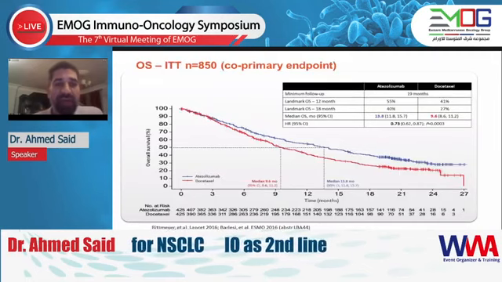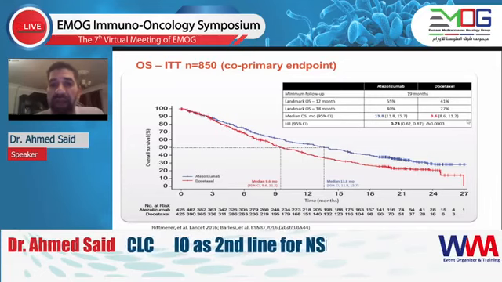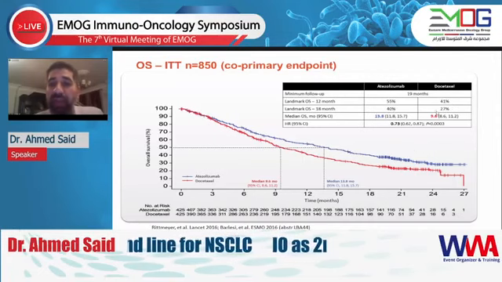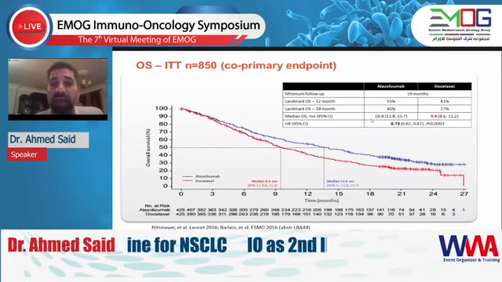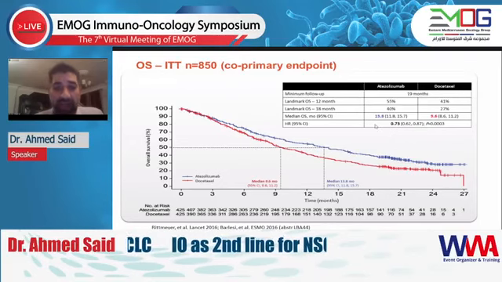So for overall survival in the intent-to-treat population, atezolizumab came with, after 19 months follow-up, landmark overall survival of 55% versus 41%, and at 18 months, 40% versus 27%, with a median overall survival of 13.8 versus 9.6 months, with a good hazard ratio and significant p-value.